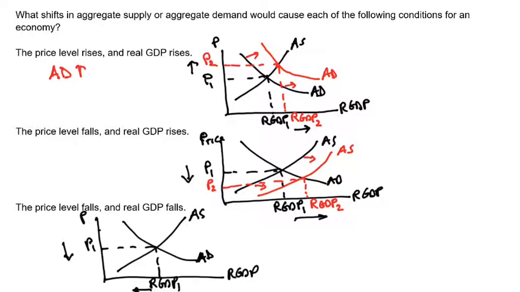This only happens if I shift the aggregate demand curve to the left. The AD shifts to the left. And at the new equilibrium, we will have a lower price in this economy and lower output. Okay, so that means we have a decline in aggregate demand. In the second one, we forgot to put that here, and that is an increase in AS, a rightward shift, which increased real GDP and lowered the prices.